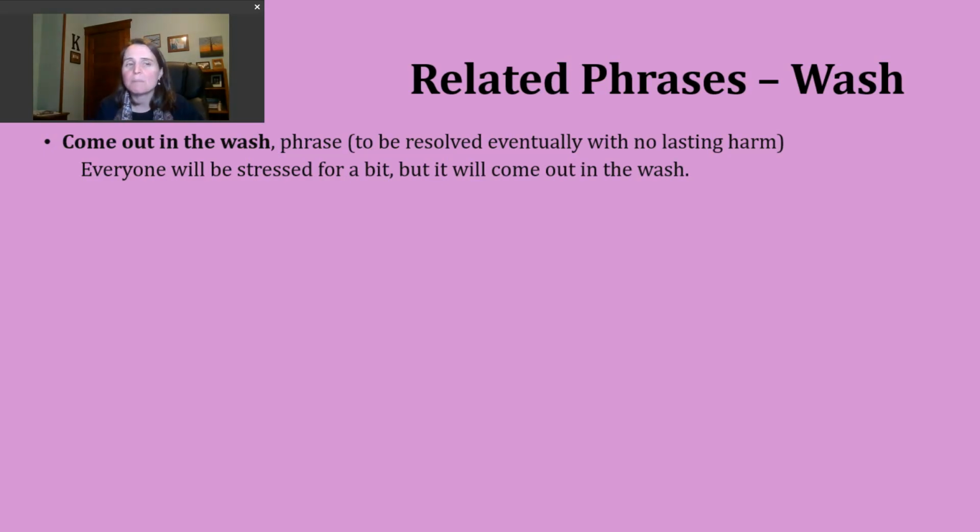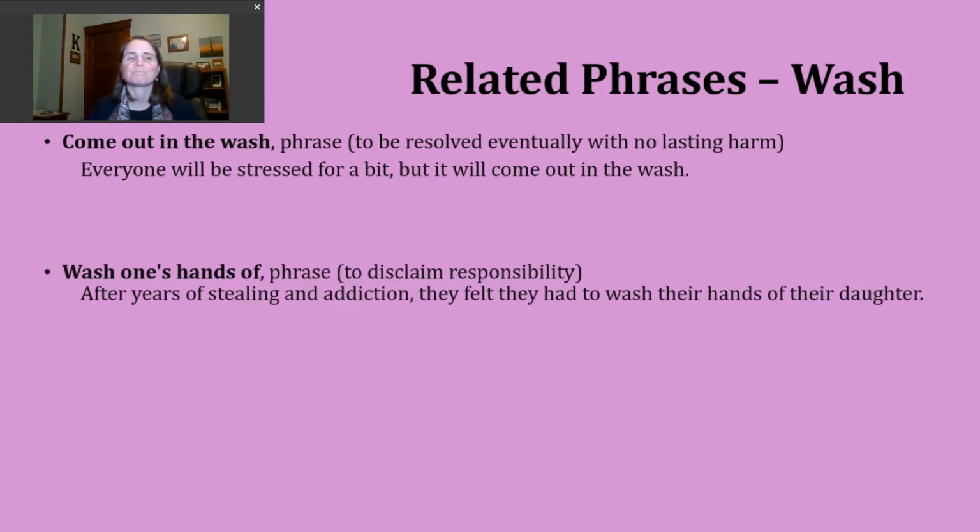An example of this might be, everyone will be stressed for a bit, but it will come out in the wash. So maybe some kind of leader on a team is suggesting, we just have to work hard, acknowledging it'll be difficult for this period of time, but it's all going to work out, and it's not permanent.